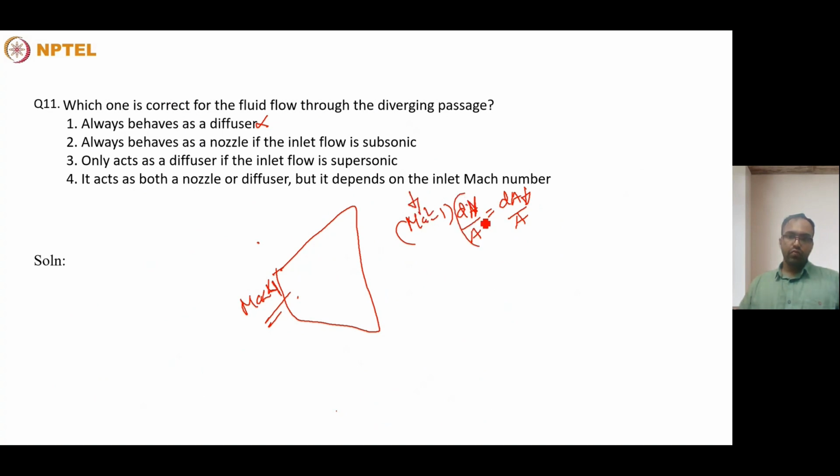This is also negative, so velocity increases. For a subsonic flow, I beg your pardon, area increases.